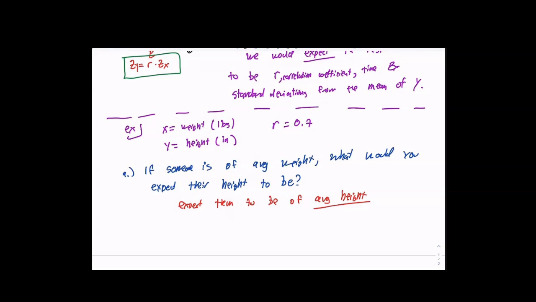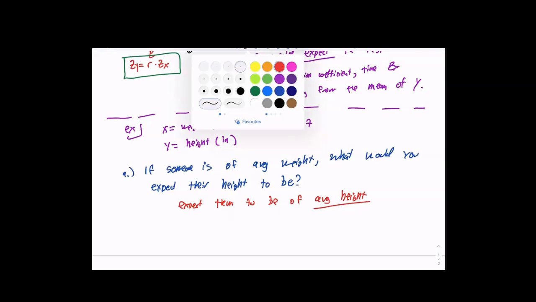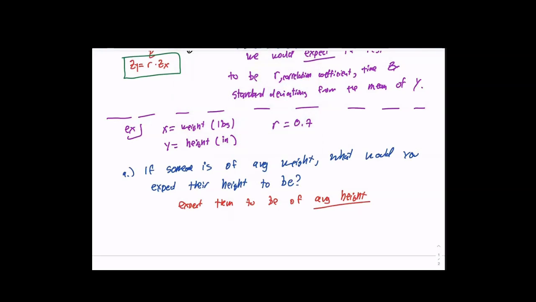If you had to guess their weight and their height, what would you guess? The answer is that you would guess the means. You would guess the mean of height and the mean of weight.